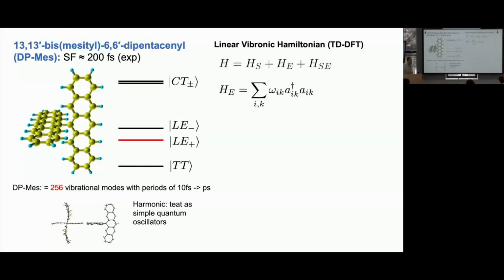Now, from an open system perspective, what's particularly interesting, particularly with this idea that it's the environment that actually drives or controls the fission, is that at the cruciform ground state geometry of this system, all of these electronic levels, our system, are uncoupled.